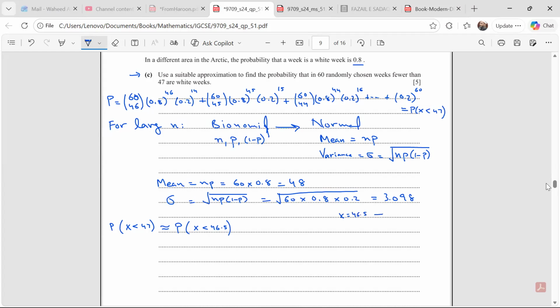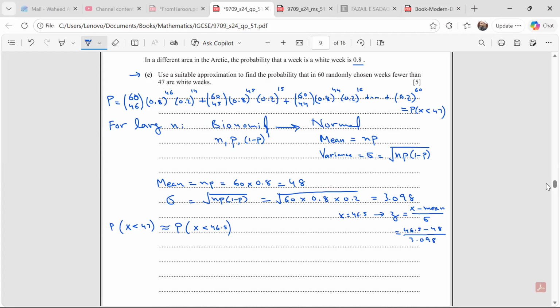Now when X is 46.5, what is my Z? Remember, Z is X minus the mean value, divided by the standard deviation. So X is 46.5, minus the mean value 48, divided by 3.098.